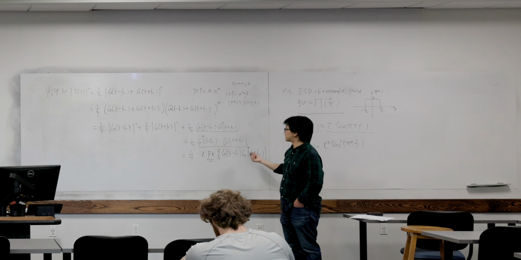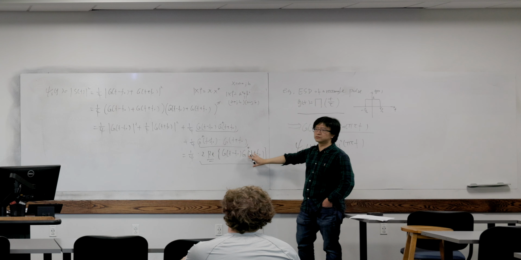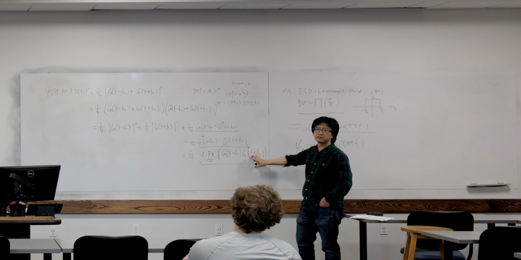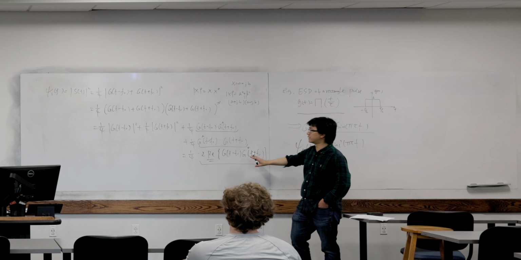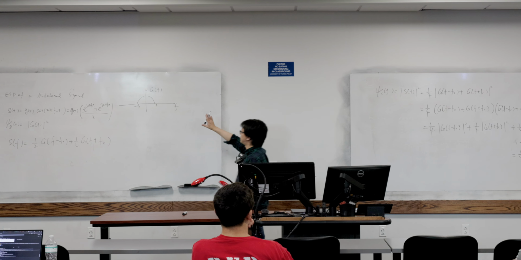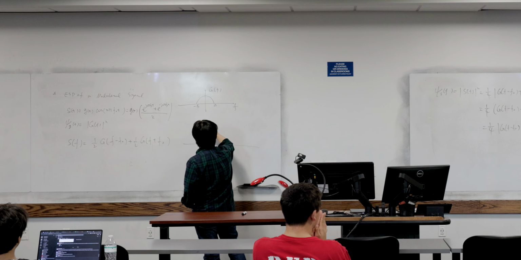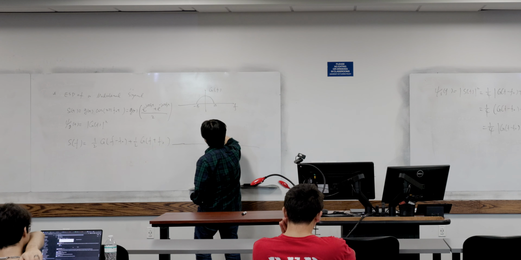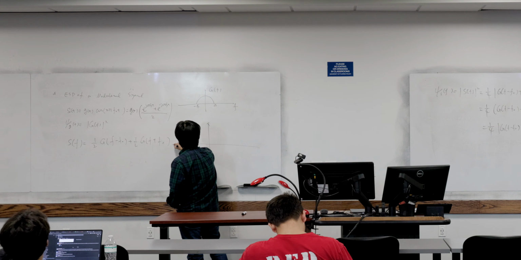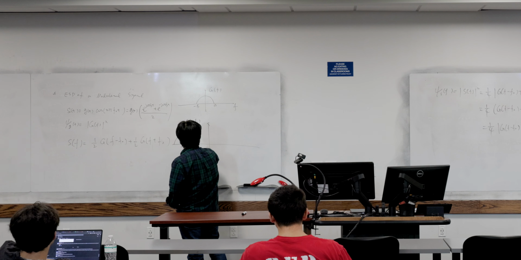Okay, great. Now let's see. This part is ugly, right? So what does that equal to? Let's think about this. This is G of f, and now let's draw the modulated signal. If we do the modulation here, so here would be G of f plus f₀, and here is minus f₀.